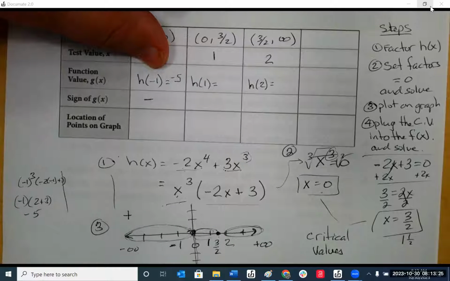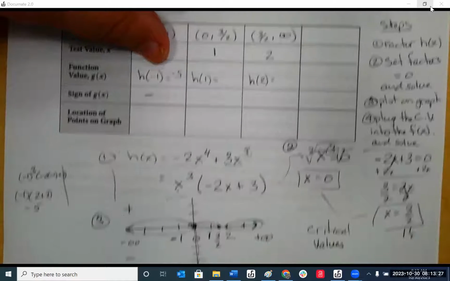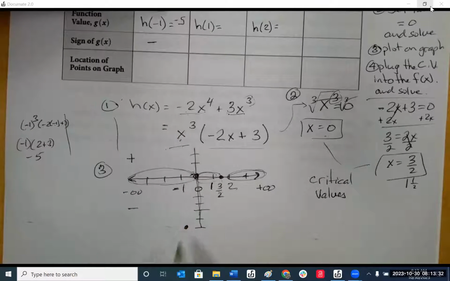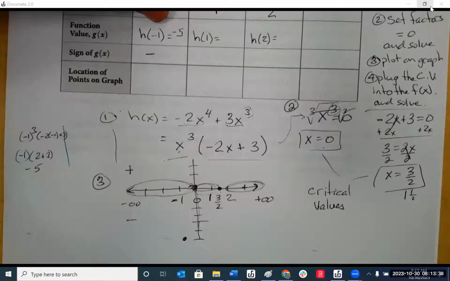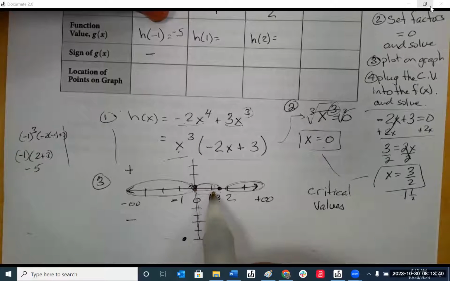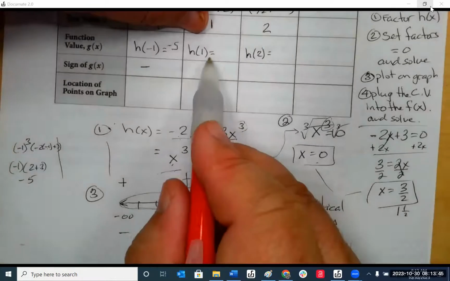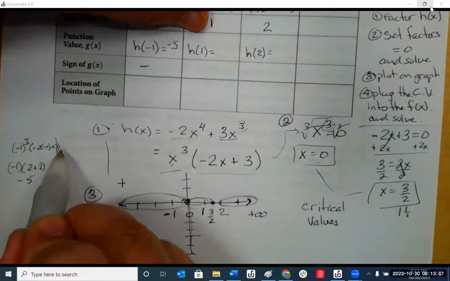So what this tells us is at -1, our dot will be at -5, which is below the x-axis. At 0, we know it's there, so we pick the value of 1, h of 1. Plug that in there, and let's see what we have.